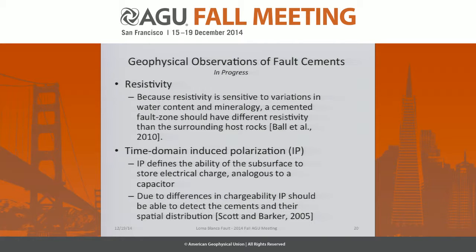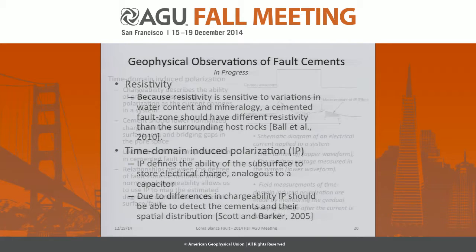But our main tool is going to be induced polarization, which defines the ability of the subsurface to store an electric charge, sort of analogous to a capacitor or a battery. And due to differences in chargeability of the minerals in the subsurface that we can detect with induced polarization, we should be able to understand what the spatial distribution and continuity of the cements are going to be in this system.